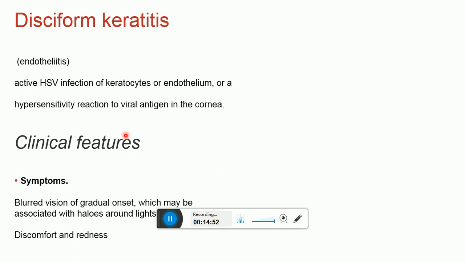The symptoms are blurred vision of gradual onset, which may be associated with halos around lights, discomfort and redness, but tend to be milder than purely epithelial disease. A past history of epithelial ulcer is not always present. The possibility of mimicking infection such as acanthamoeba or fungal keratitis should be borne in mind.